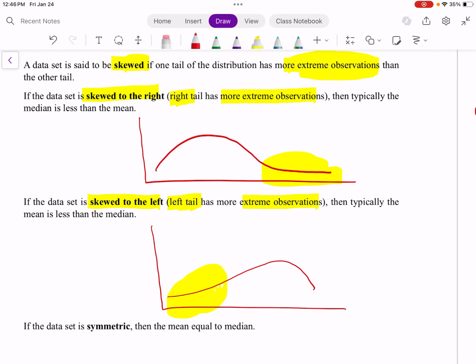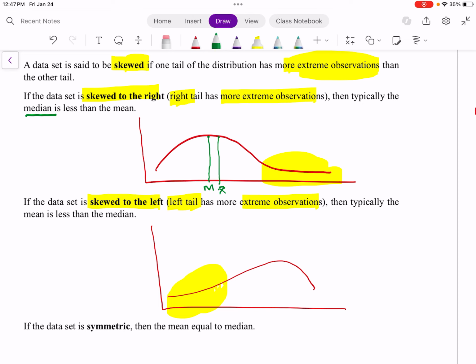Okay, now if our data set is skewed to the right, the median is less than the mean, okay? So let's say, for example, our median is here, and this median is always less than the mean. So less than the mean is on the left side of the mean, right?